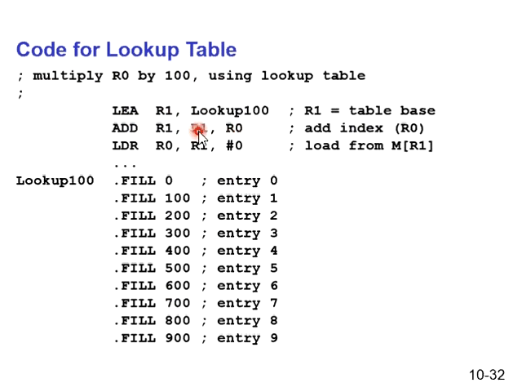Okay, now you have the sum. The sum over here is a pointer to the entry. For example, now R0 is 2. So now R1 is storing the address of this entry. Okay, so at that time it becomes the base register. So we go to this location to load the value 200 and we assign it to R0.